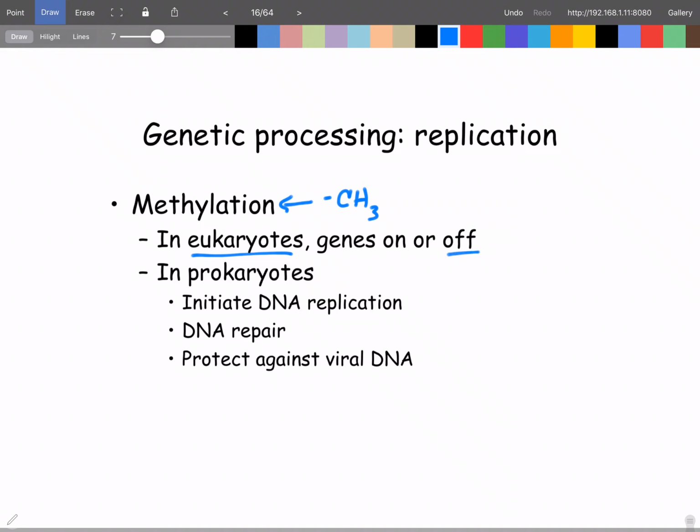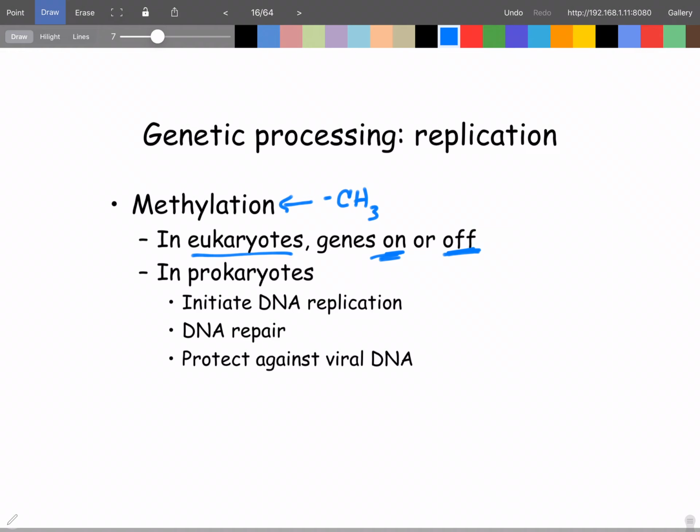So when you take off the methyl groups, genes are on. When you add methyl groups, it turns them off. So in eukaryotes, it's associated with the ability to switch genes on or off. In heterochromatin, you usually see a lot of methylation. In euchromatin, you usually see very little methylation.